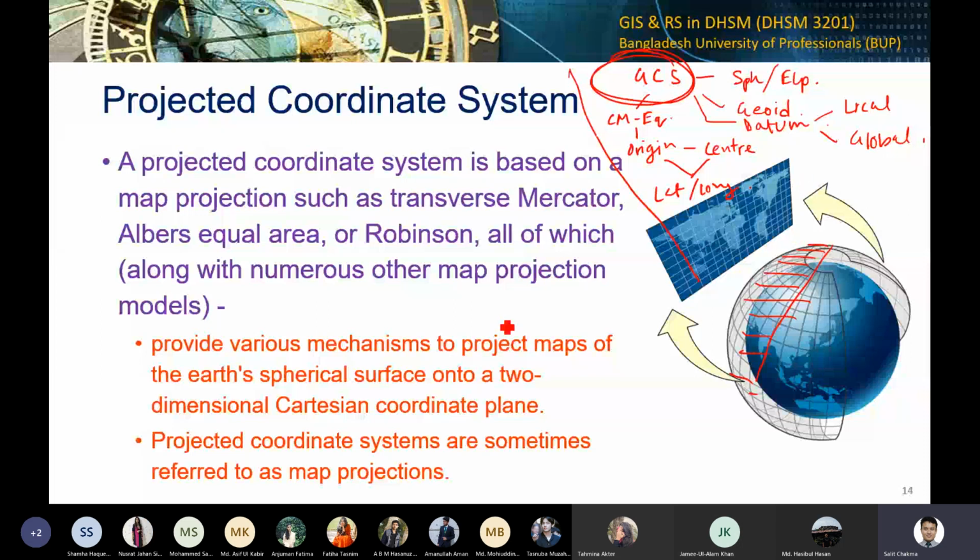So this is the projected coordinate system. The coordinate system which is used to represent the three-dimensional Earth as two-dimensional is known as a projected coordinate system. Okay, so this is everything which is here.